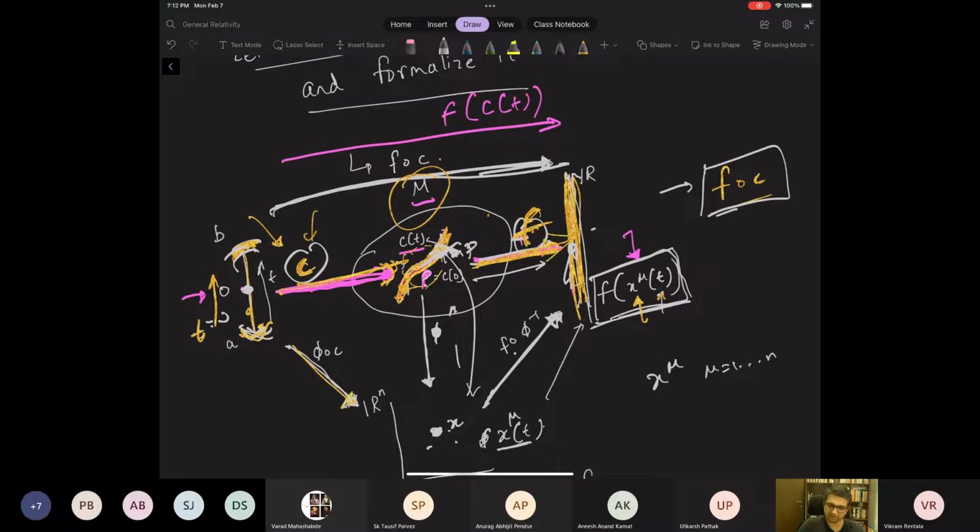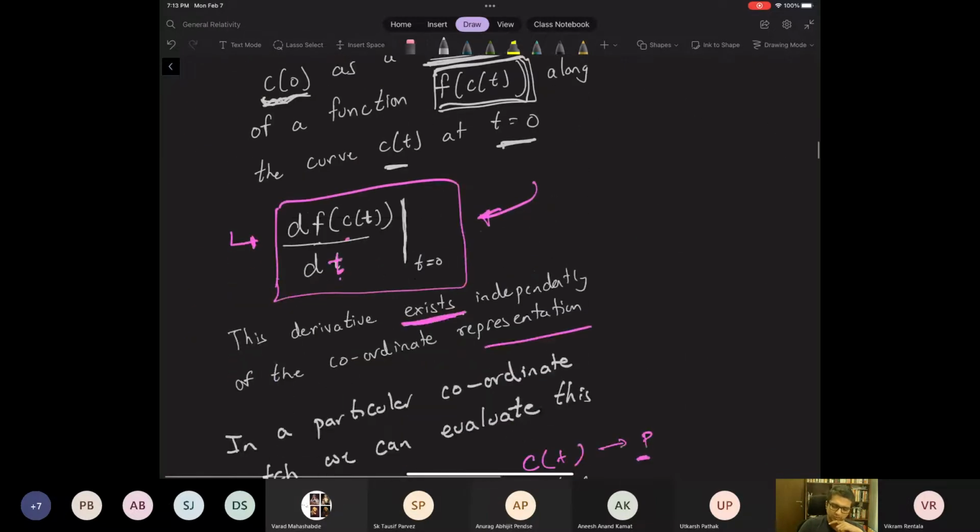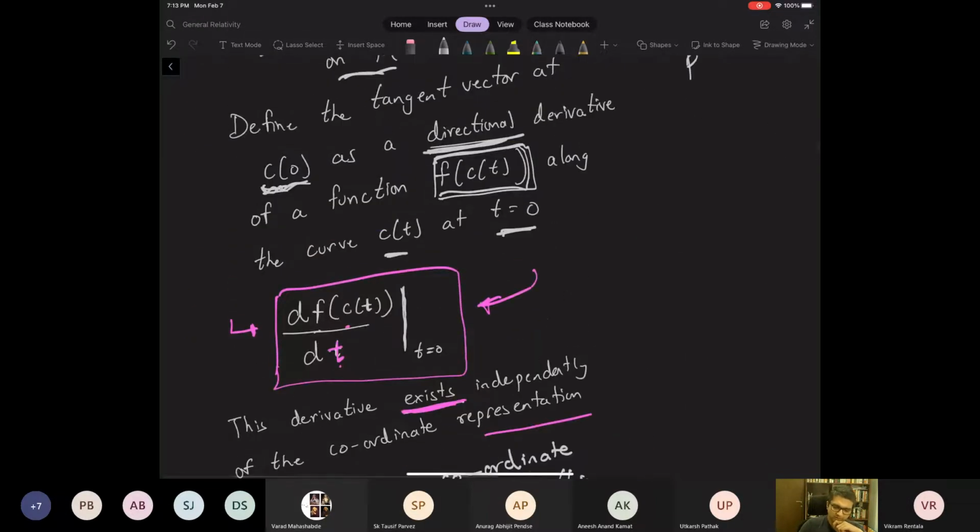That value is the tangent, and it's in the direction of the curve itself at the point P. So what we want to define is df/dt, where this f is evaluated on the curve, at the point where t equals 0, which is our point of interest, where C(0) is the point P.